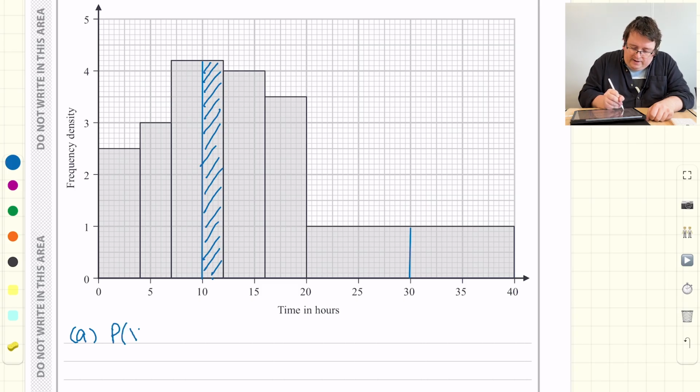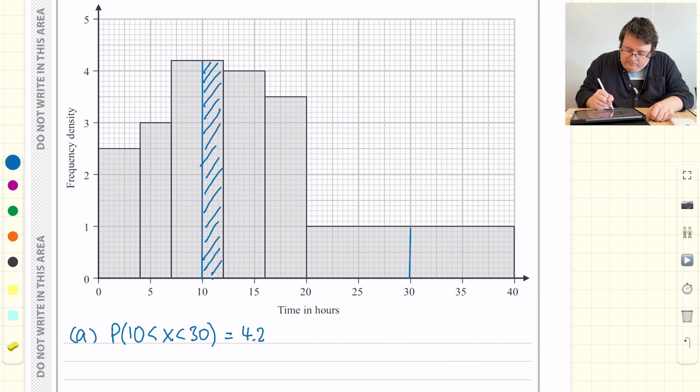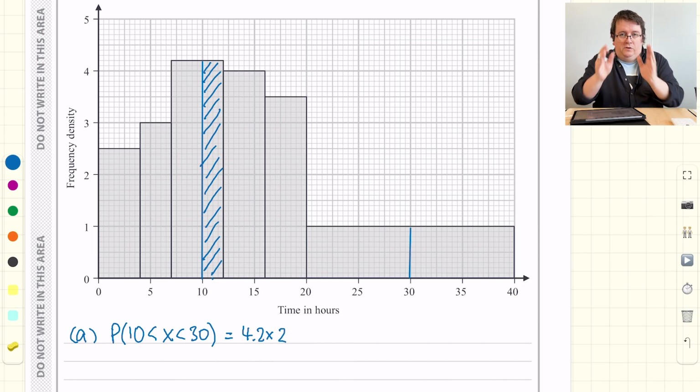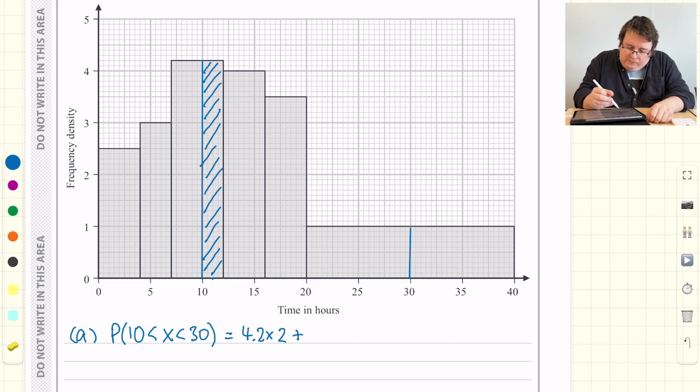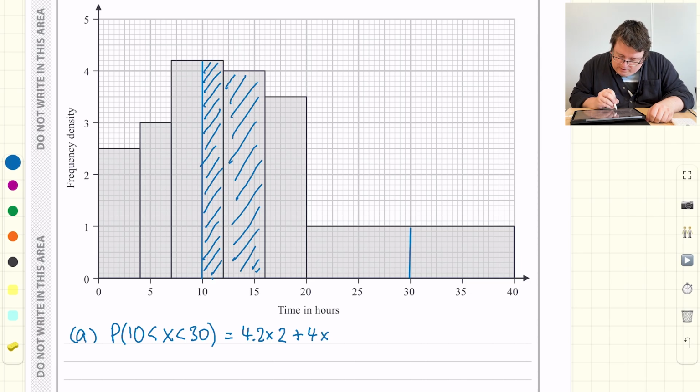So probability of X being between 10 and 30 is equal to 4.2 times by 2, so that's the width, because we're going 4 blocks along, plus the next bit has a height of 4 and a width of 1, 2, 3, 4.